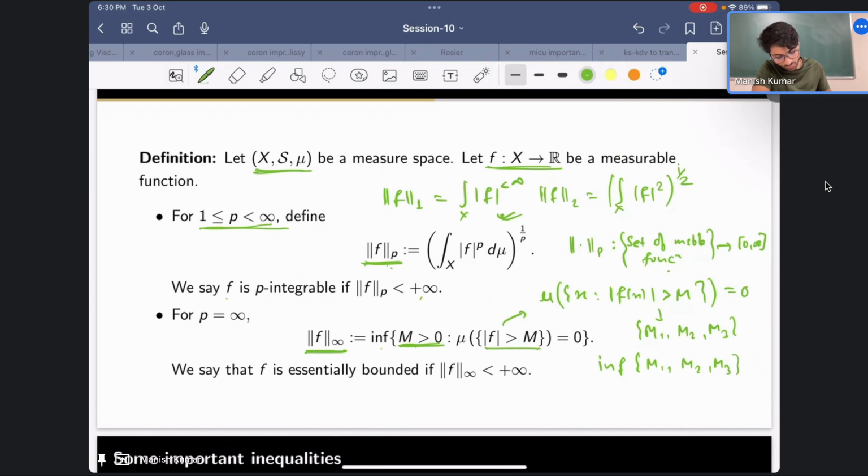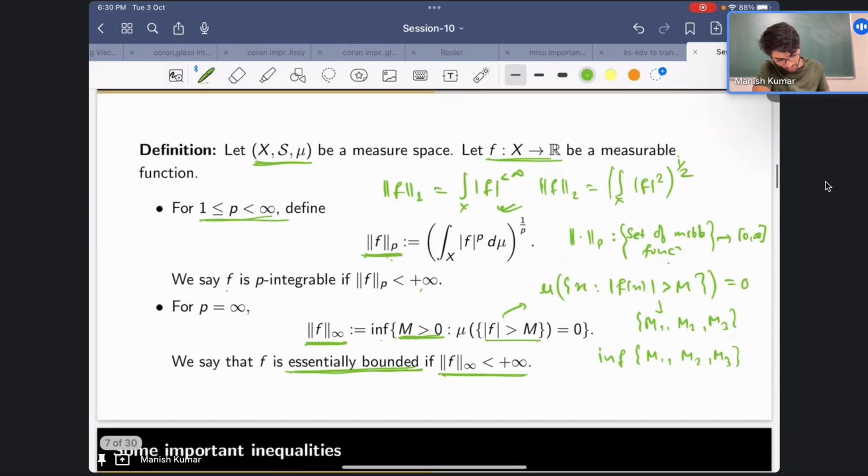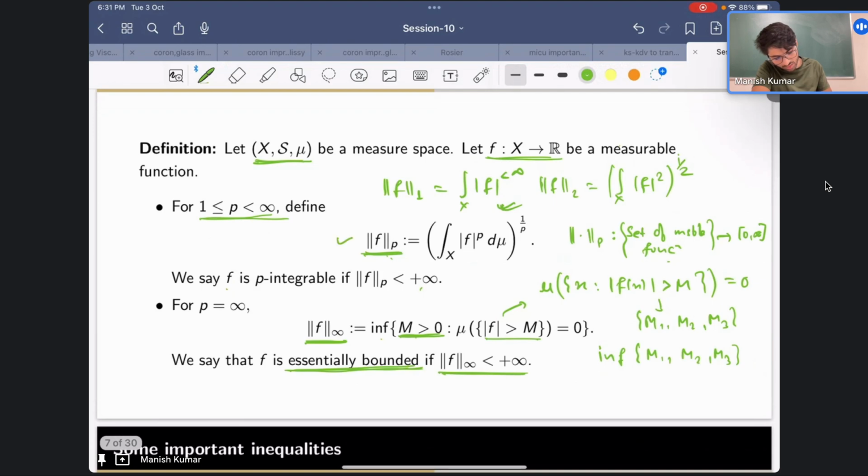And for the infinity case, we say that f is essentially bounded if this is finite. So these are the two terms we have: p integrable, and essentially bounded for infinity. I will talk about whether this is a norm or not in upcoming slides. So far you just remember that these are the definitions we have defined.